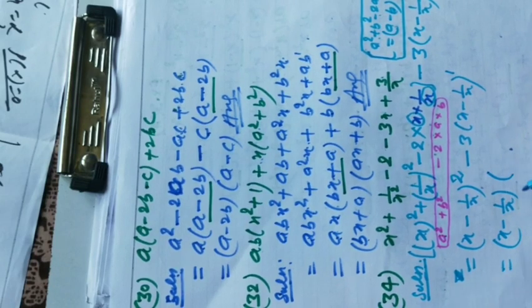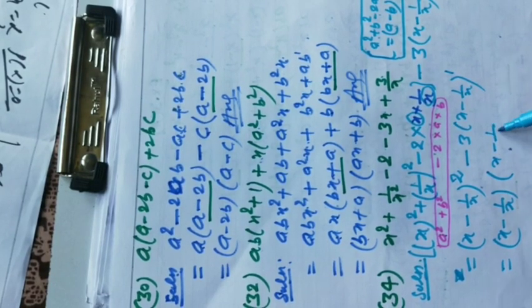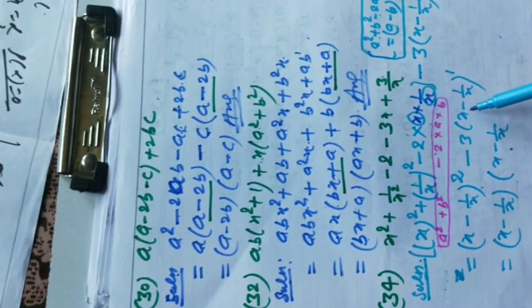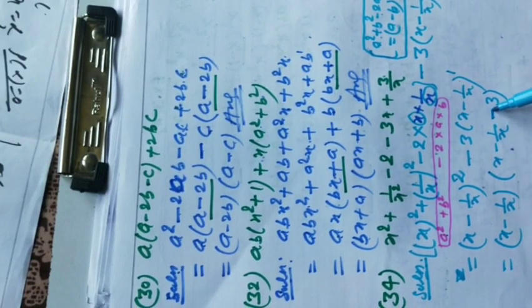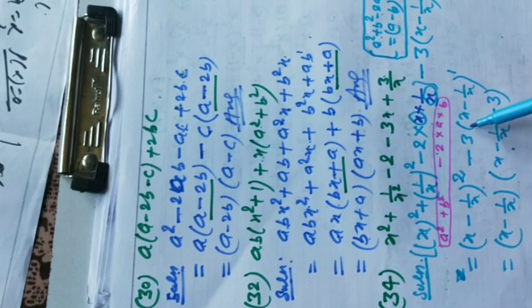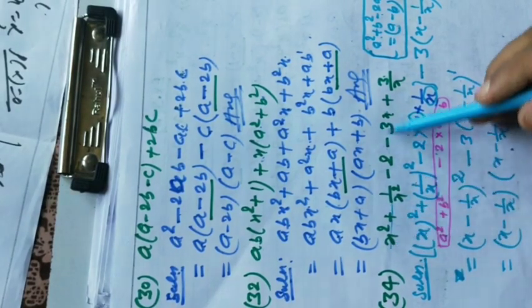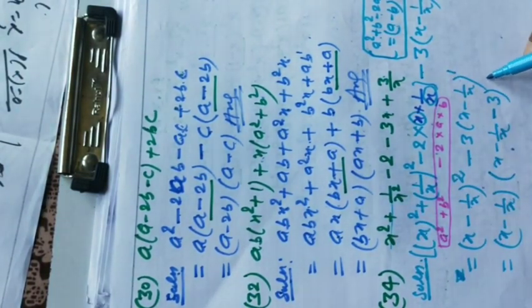Then you have to put the bracket, and when we divide x minus 1 by x the whole square by x minus 1 by x, then x minus 1 by x will be left here, and this x minus 1 by x will cancel by x minus 1 by x. Then what will be left here? 3 will be left, and minus sign is there, so write here minus 3. So this is your factorization for this given expression.